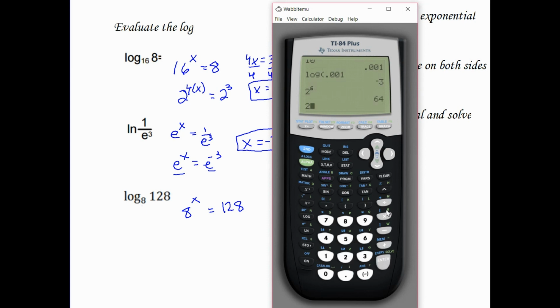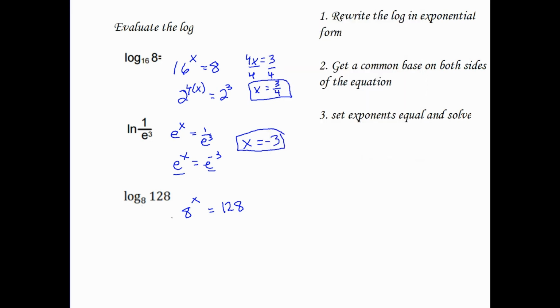Nope, 2 to the 7th is 128. And 8 is also a multiple of 2. So all I have to do is write this one as 2 to the 7th and write this one over here as 2 to the 3x.